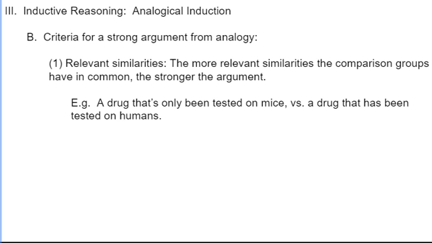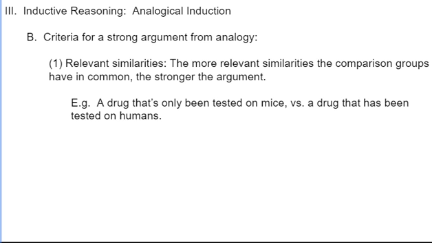Okay. Well, the basic idea, right? If we're using this as an example, which would you rather, right? Which do you think is going to be more reliable? If you are the person who is sick and you have a drug that's been tested on humans and it's been successful, it treats the disease in those humans.